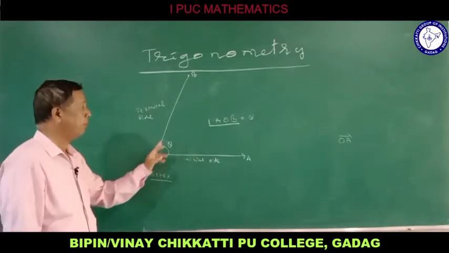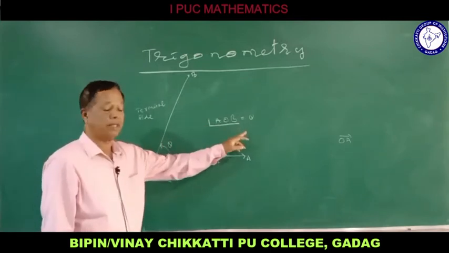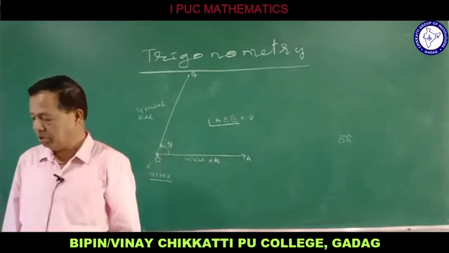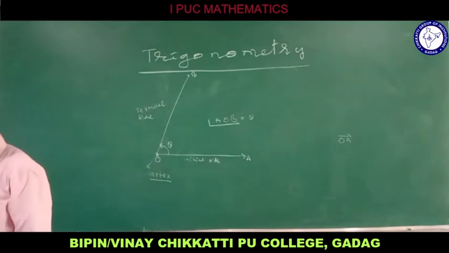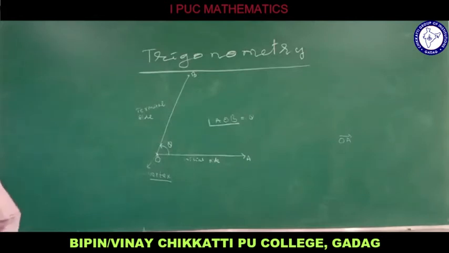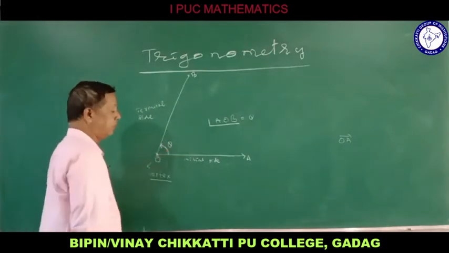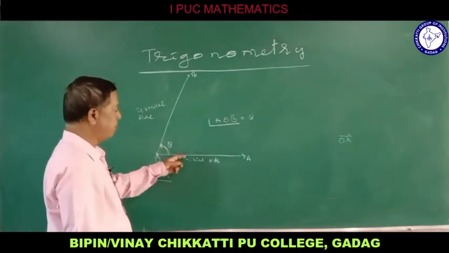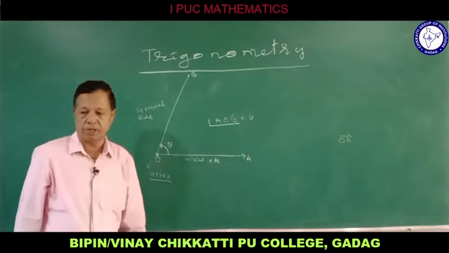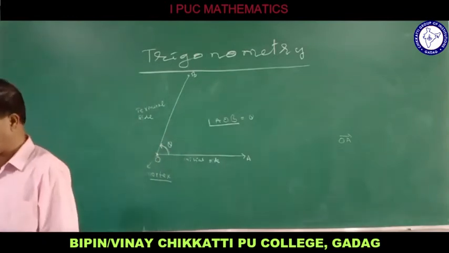Angle AOB is written like this, and that is theta. So this is all about the angle we have taken, and O is the vertex. The amount of rotation from the initial side to the terminal side is nothing but the measure of an angle.